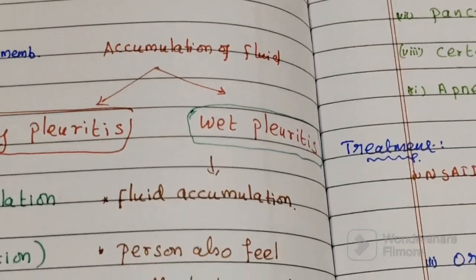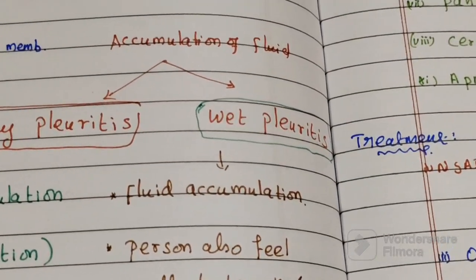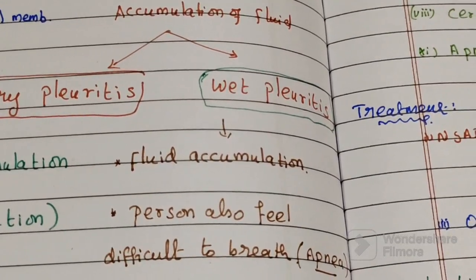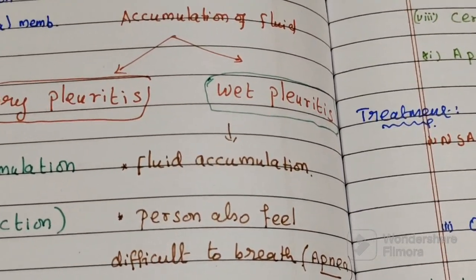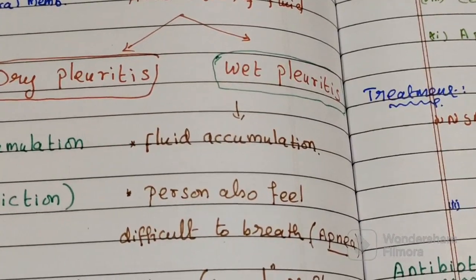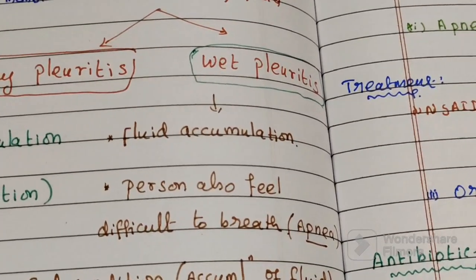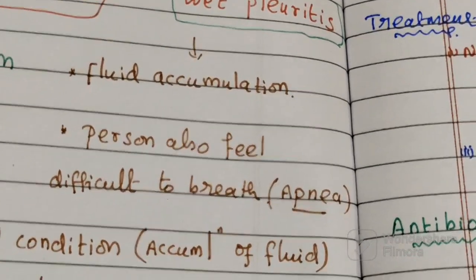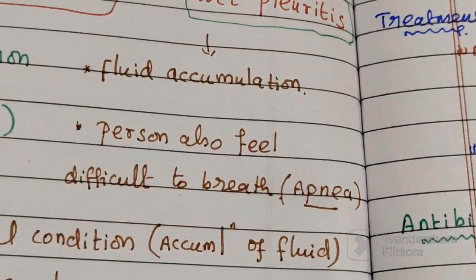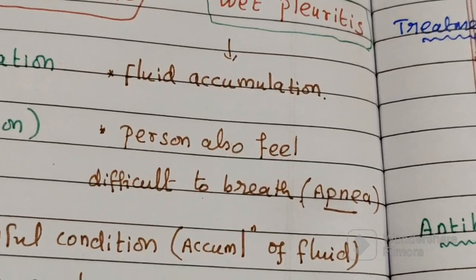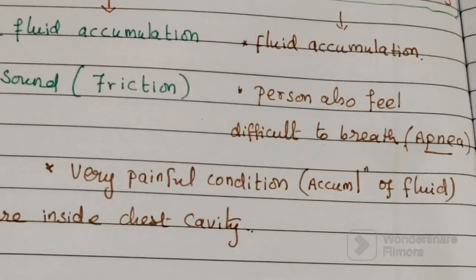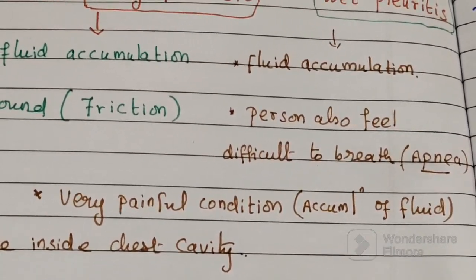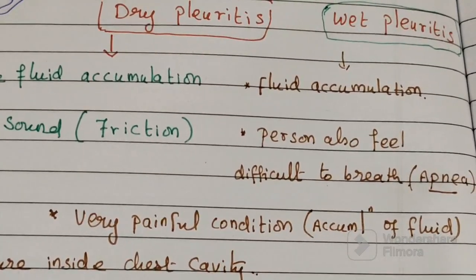The second one is wet pleuritis. There is fluid accumulation in the pleural cavity. The person also finds it difficult to breathe, which is called apnea. It is a very painful condition due to the accumulation of fluid.